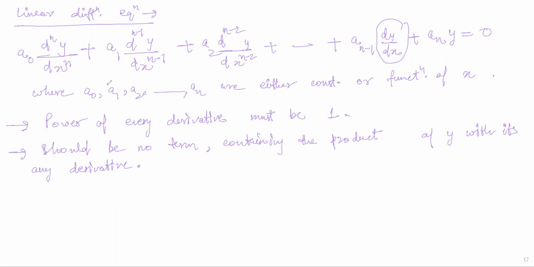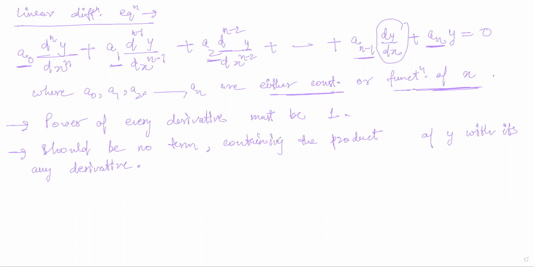That is why I've written a0, a1, a2 up to an. All of these coefficients must be either constants or functions of x. They should not contain y. So any of these coefficients can contain x, I mean, this can be a function of x, this can be a constant, but this cannot be a function of y. So first, the power of every derivative must be 1.